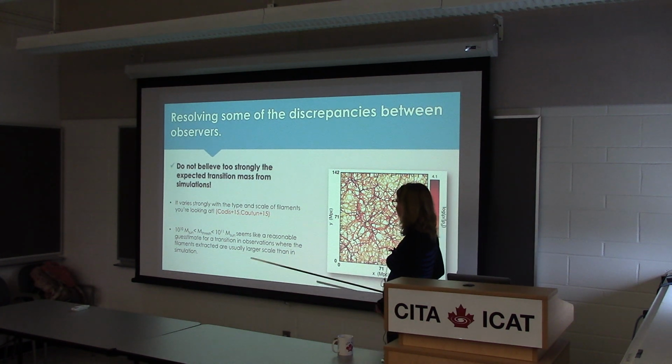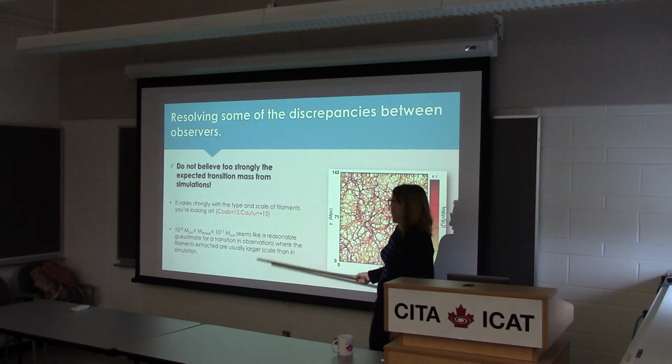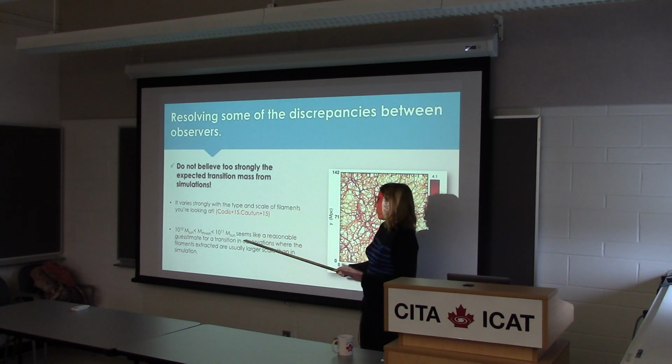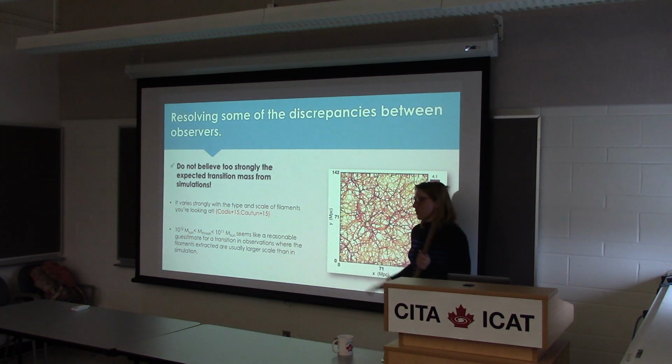So it's a tricky subject, but what I would suggest is that you don't get a prior too strong than this as a reasonable guesstimate when you're trying to find a transition in observations.